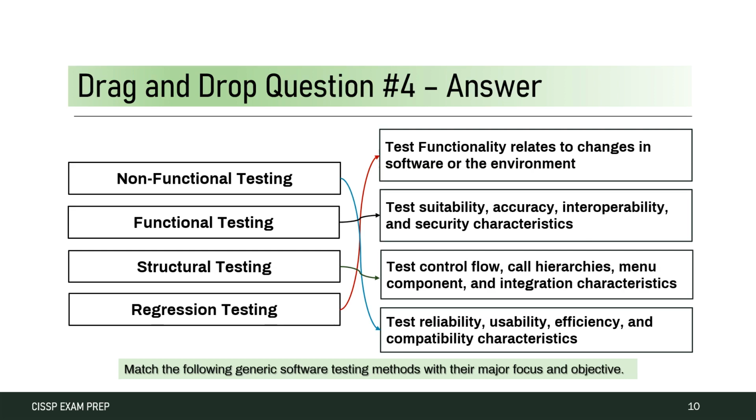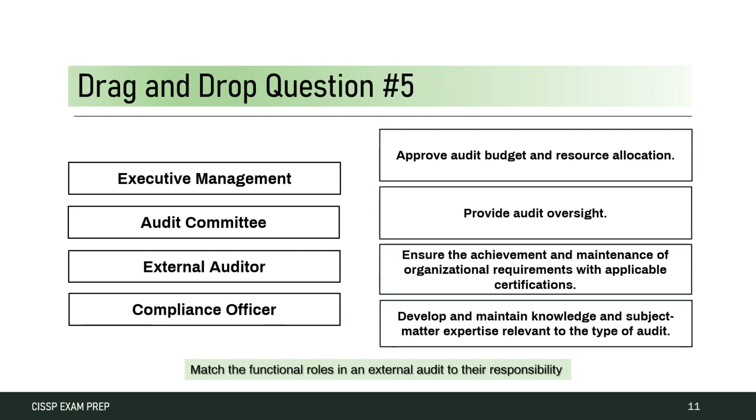Okay, now we've got question number 5. Match the functional roles in an internal audit to their responsibility. On the left side, we've got executive management, audit committee, external auditor, and compliance auditor. Now, think about compliance.